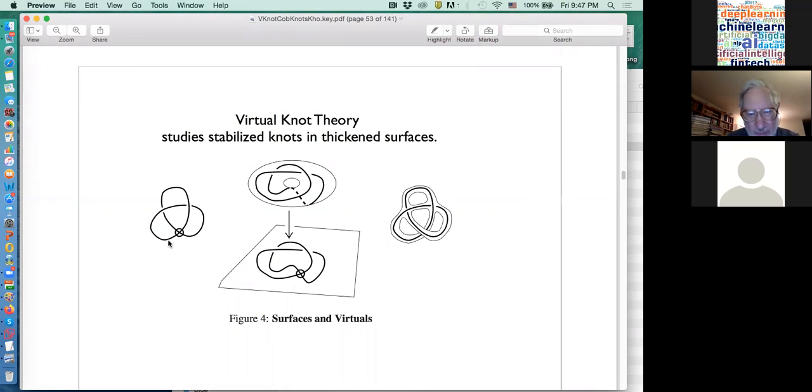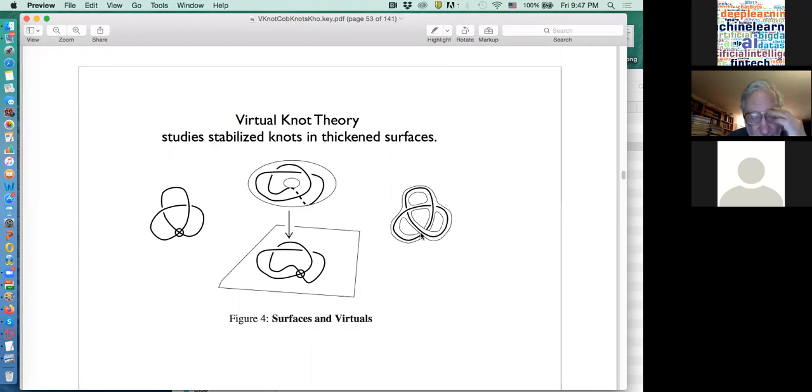That if you have a virtual diagram, then you can form a ribbon graph associated with it, which is a bit of surface with boundary that hugs the diagram. And the virtual crossing becomes a disjoint pair of ribbons that carry one arc and the other arc. And then when you project this down into the plane, you get the virtual diagram.